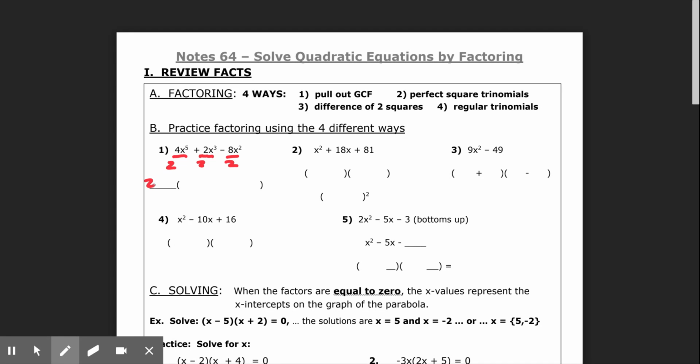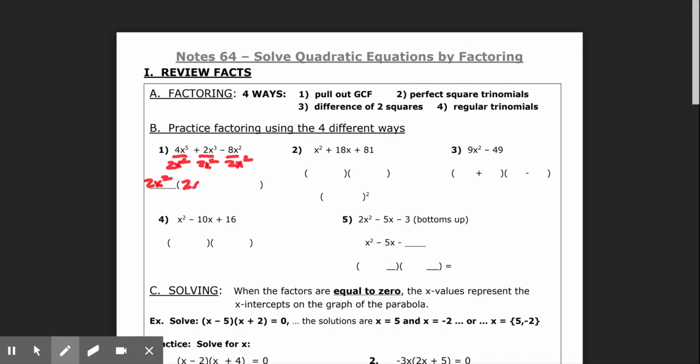Now then, remember with our exponents, with having a variable, it's your lowest exponent, which would be x squared. So x squared, we're going to divide on every single one of these. All right, so 4 divided by 2 is 2. And then we can subtract our exponent.